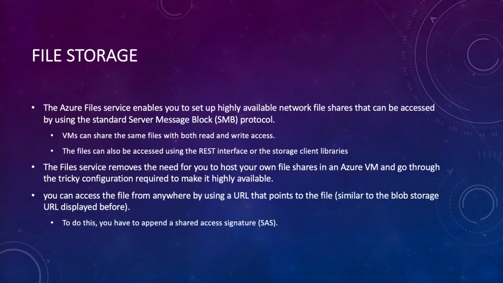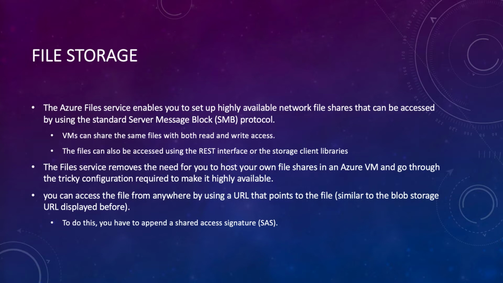The files can also be accessed using the REST API or the storage client libraries. The file service removes the need for you to host your own file shares in an Azure VM and go through the tricky configuration required to make it highly available. This actually is one of the huge benefits to the file sharing on Azure.